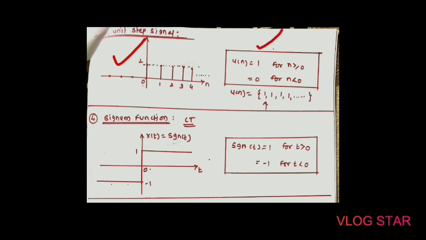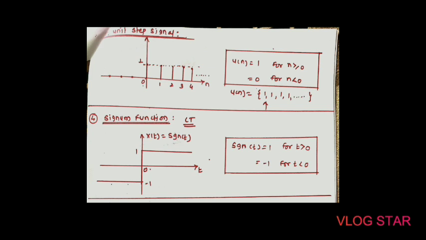So u(n) is equal to 1 for n greater than or equal to 0, and u(n) is 0 when the value of n is less than 0. In the form of a sequence, it can be written as 1, 1, 1, 1 up to infinity, and here this arrow represents the origin.